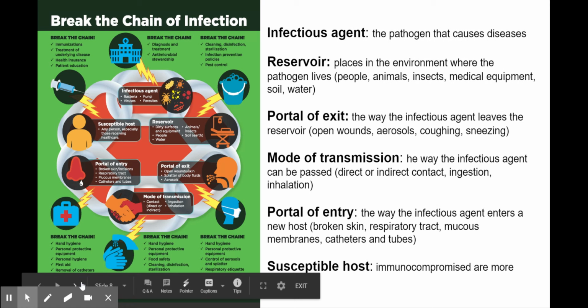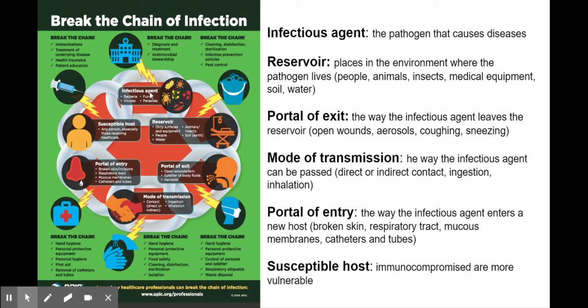So the chain of infection, similar to the epi triangle, is basically a series of linkages starting with the infectious agent itself. Think about virus, fungi, bacteria, etc. And follow the chain through to the susceptible host, which ends in disease. Okay. And it's up to us, public health warriors that we are, to design interventions to break the chain.